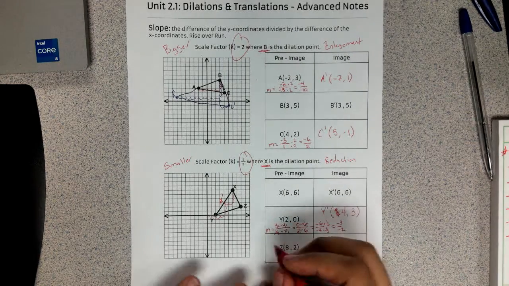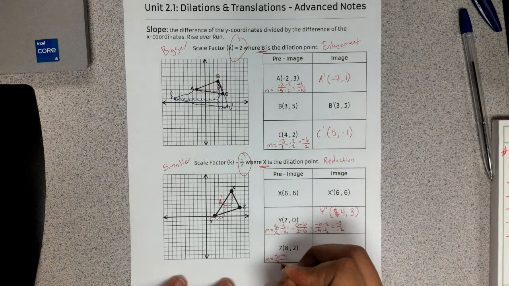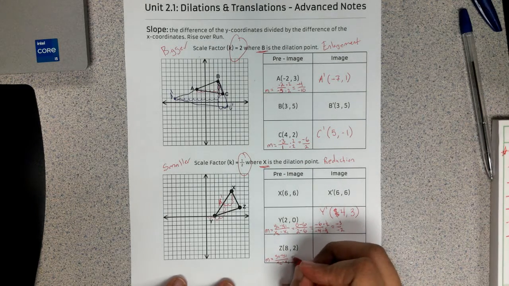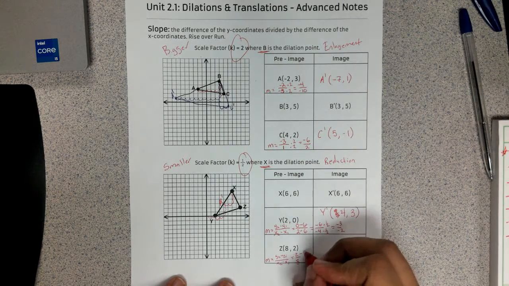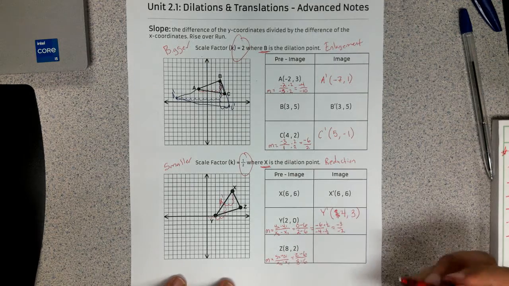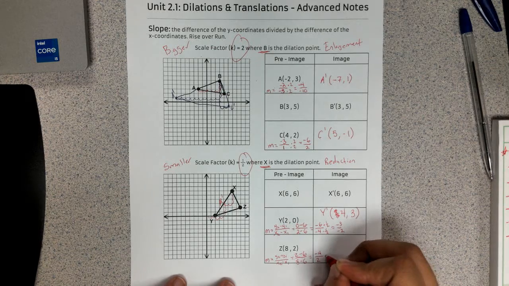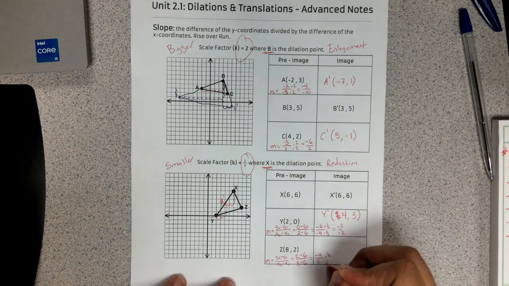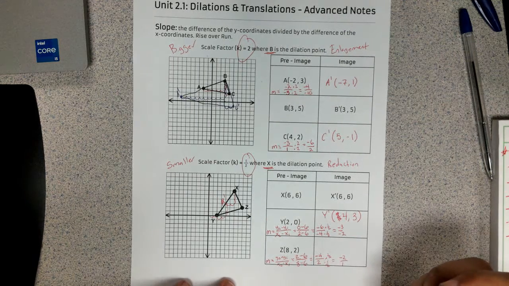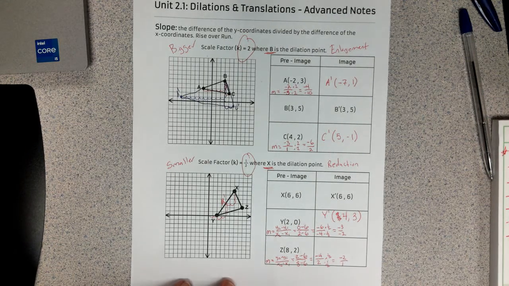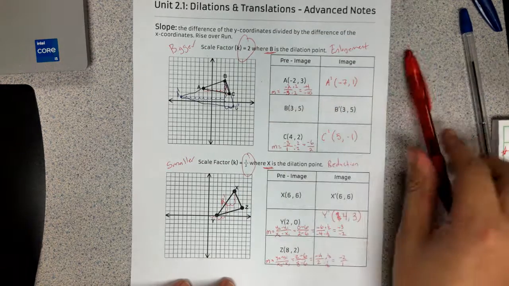Now, we do the same thing for z, so again, m equals y2 minus y1 over x2 minus x1, which means that this is going to become 2 minus 6 over 8 minus 6, which means I end up with negative 4 over 2, and I need to multiply both of those by 1/2, so I get negative 2 and 1. So I need to go down 2 and over 1 to the right to get my z.